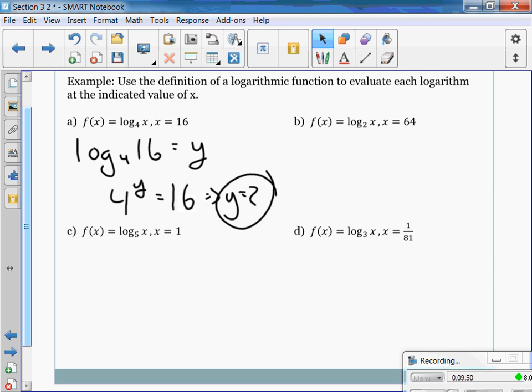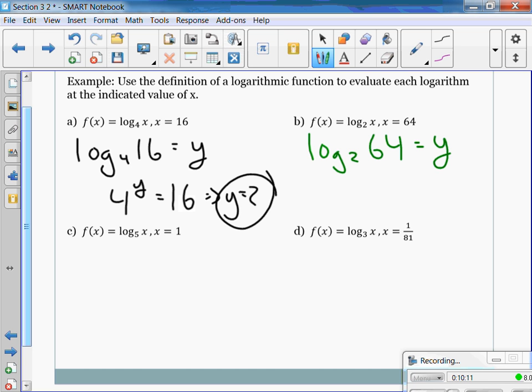Here we have for b, log base 2 of x, where x equals 64. So what are we asking? Again, the log function is always asking for what power, what degree?